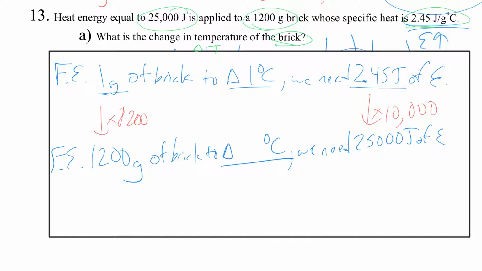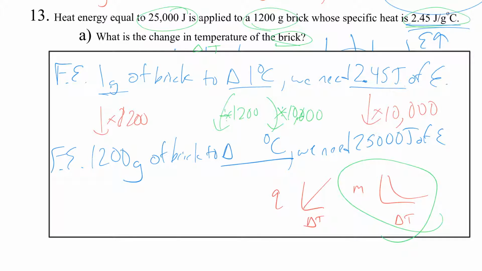Okay, so now I got to do delta T compared to energy and delta T compared to mass. And from our last problems, and I think I showed you this before, we know that those two are direct and inverse respectively. So this is times 10,000 divided by 1,200, sorry, backwards, because this one is the inverse one.